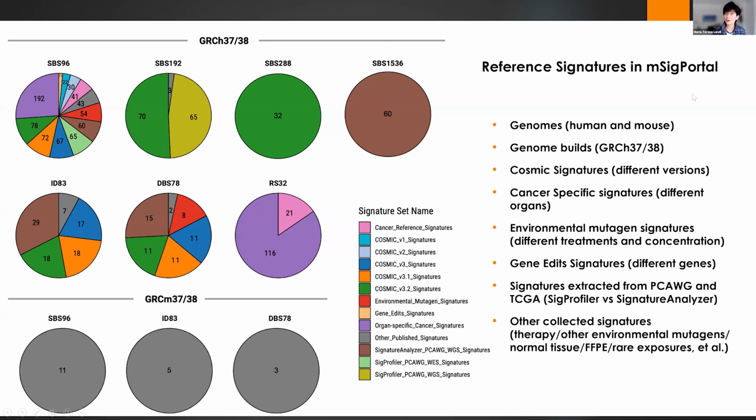In terms of the catalog, we are listing a lot of signatures. We have the genomes of human and mouse, different genome builds, different versions of the COSMIC signatures, the cancer-specific signatures, environmental mutagen signatures, and so on.